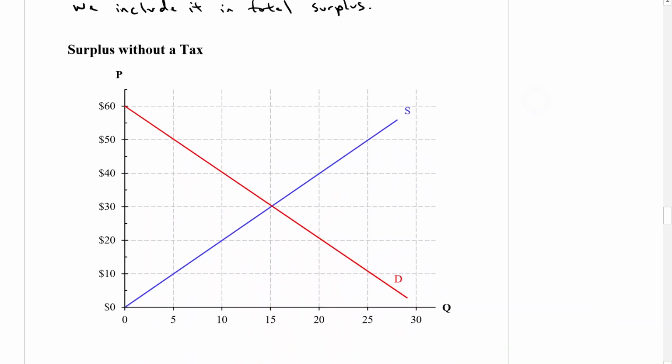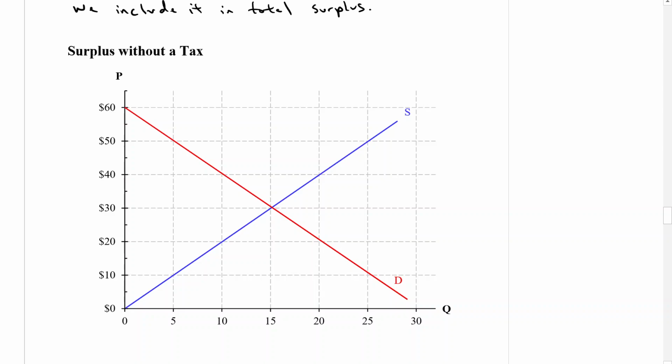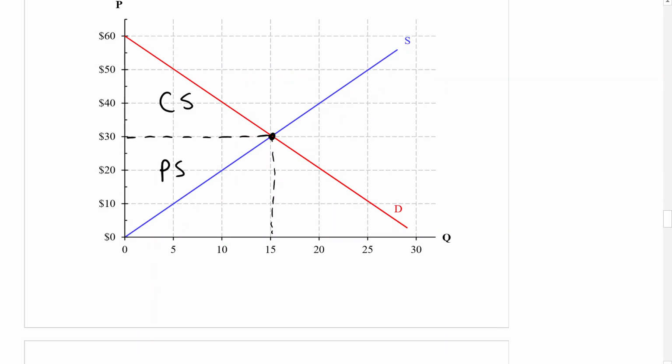Okay, and just a refresher, let's show what we have for consumer and producer surplus and total surplus when there's no tax. Remember, we take our equilibrium price and quantity. Anything above the price and below the demand curve is the consumer surplus. That's this triangle here. Anything below the price and above the supply curve from 0 to our equilibrium quantity is the producer surplus.